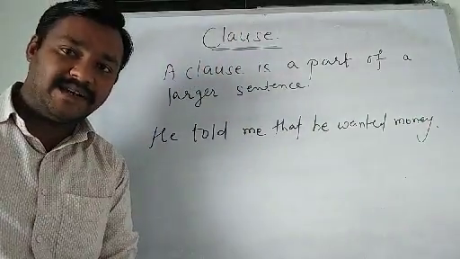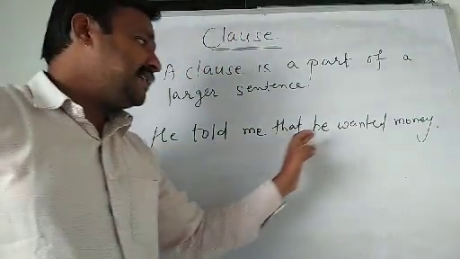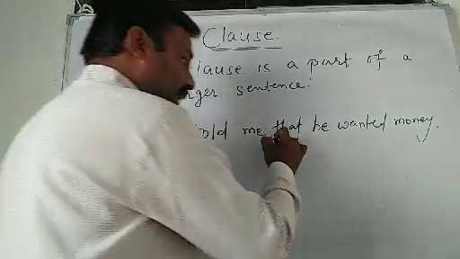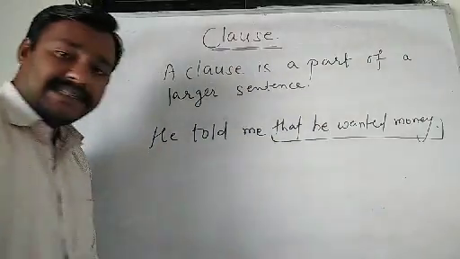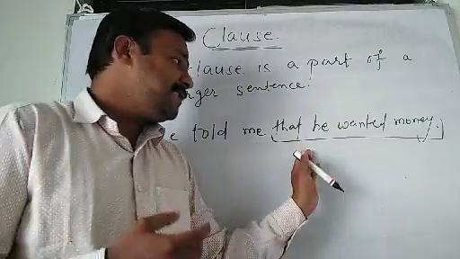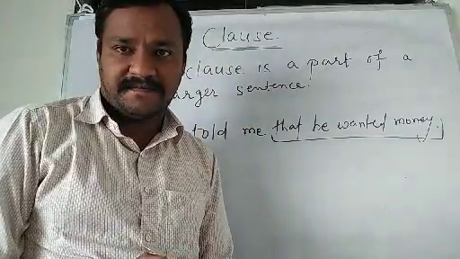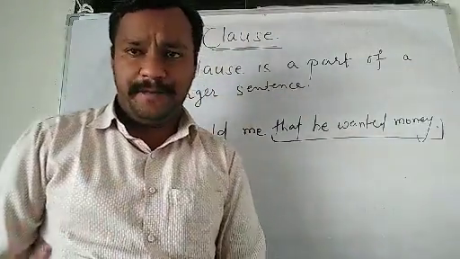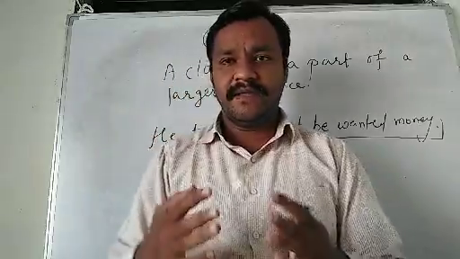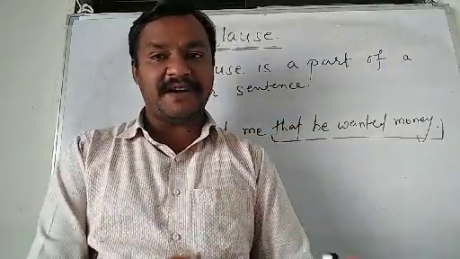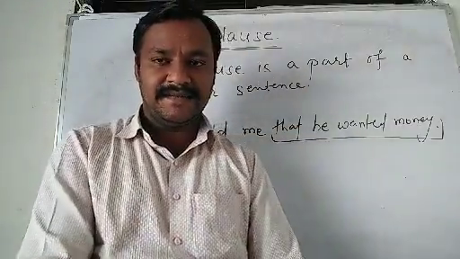The sentence is written on the board. He told me that he wanted money. Then in this sentence, that he wanted money, this part is called a clause. So I hope you must have understood it. A clause is nothing but a part of a larger sentence.